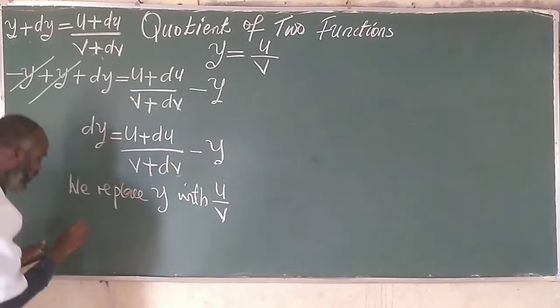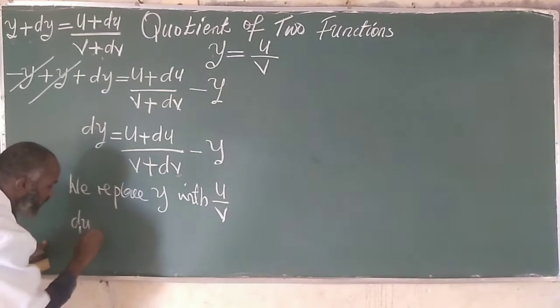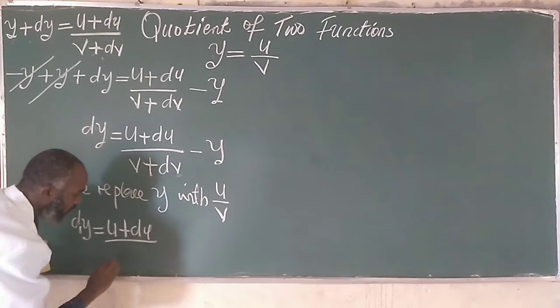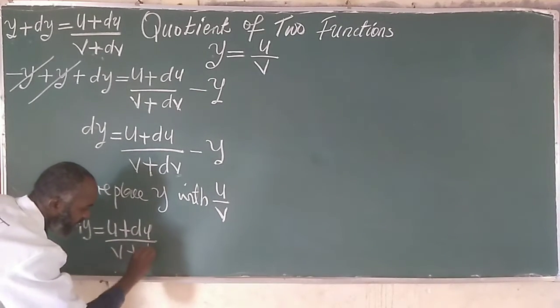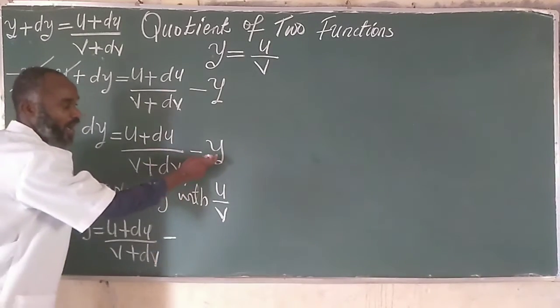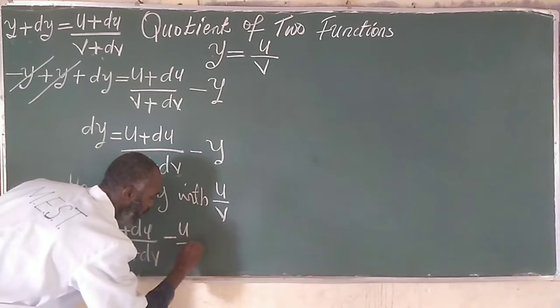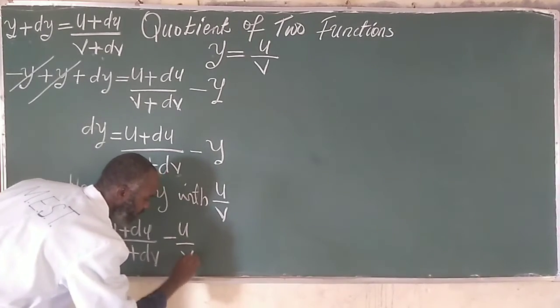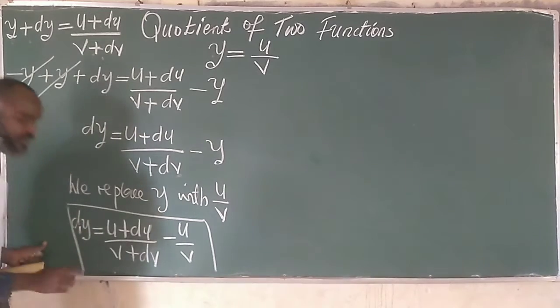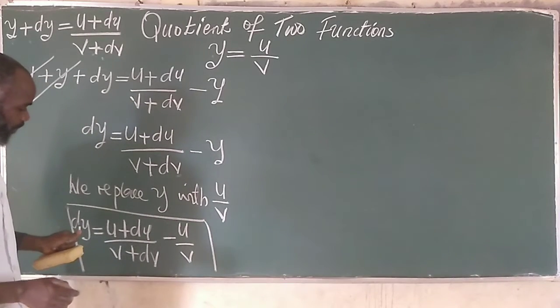So we move on. dy is equal to u plus du all over v plus dv, now minus, instead of y, we put u all over v. So we have arrived at this point, so take note of that.